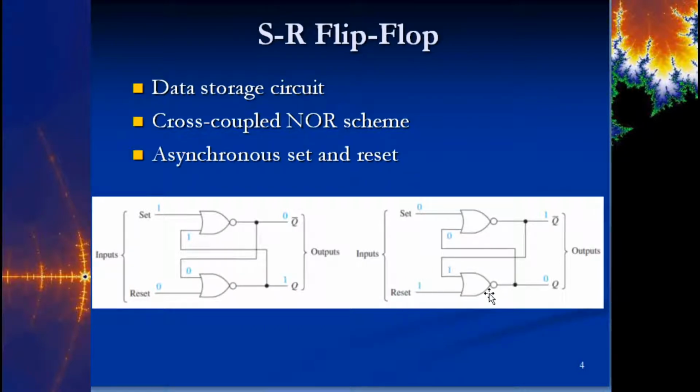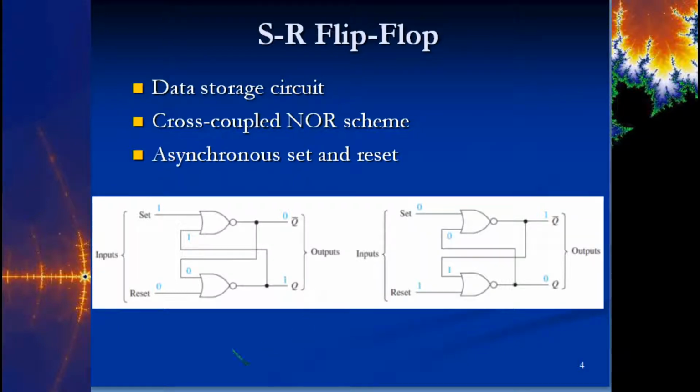So that's where we want to take Q to 0. If you have a 1, 0 here, set high, reset low, that gives you a high on the output, Q. And notice the Q is down here. The biggest mistake, if you draw this for me on an exam, is that you'll leave this one as a Q and this one as Q naught. Okay? So on the cross-coupled NOR, the Q is on the bottom.